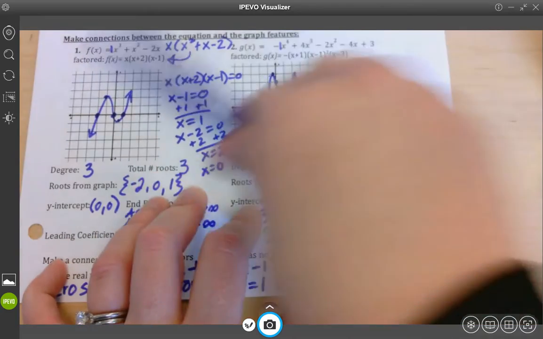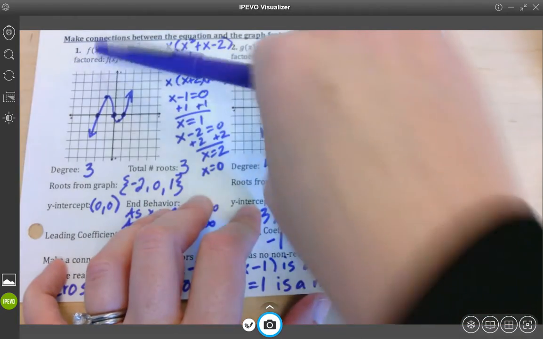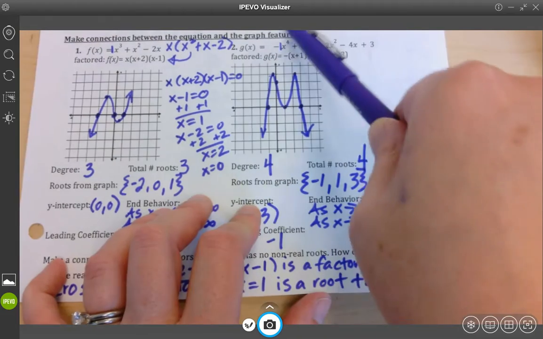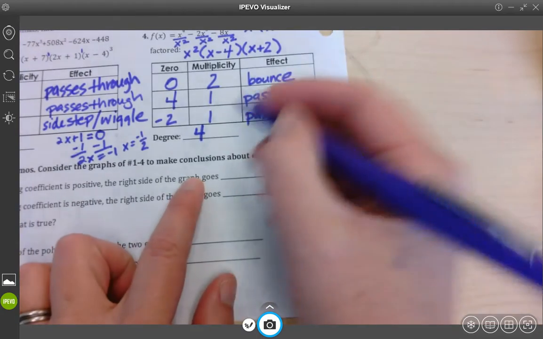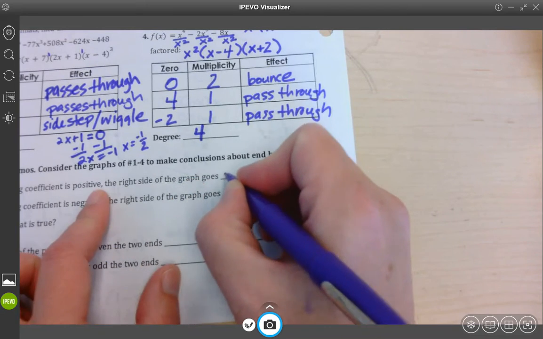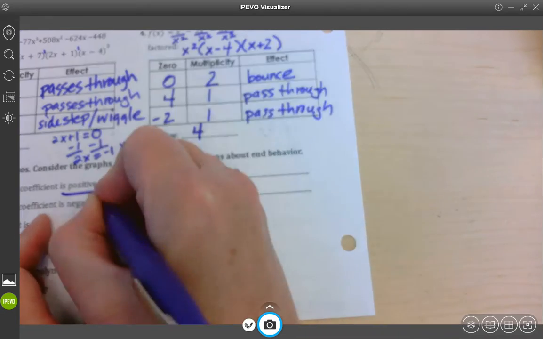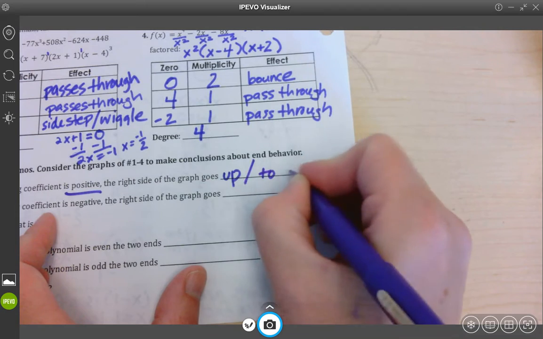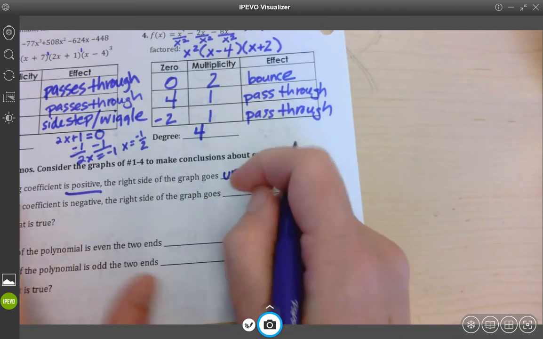All right, so what we noticed was when the leading coefficient is positive, the right side went up. When the leading coefficient is negative, the right side went down. Positive is up or to positive infinity.